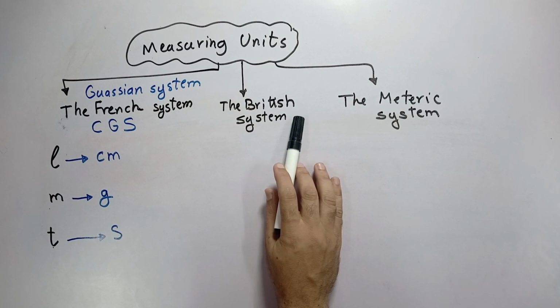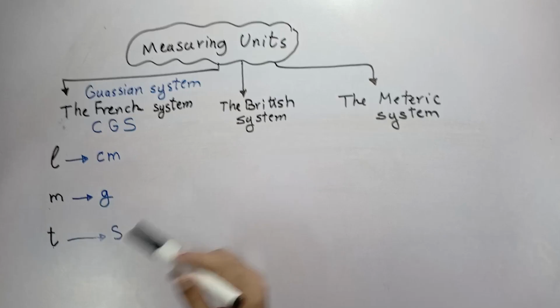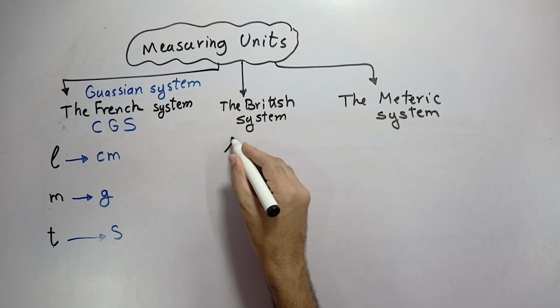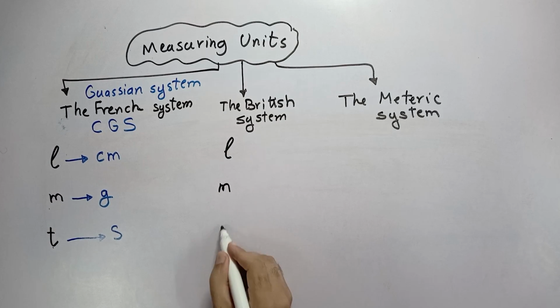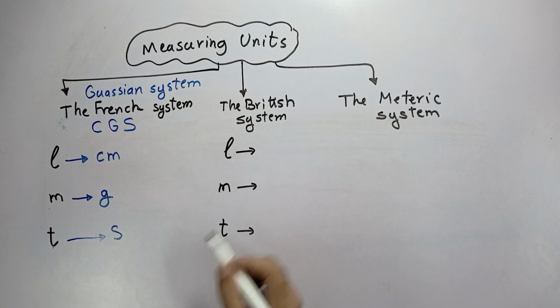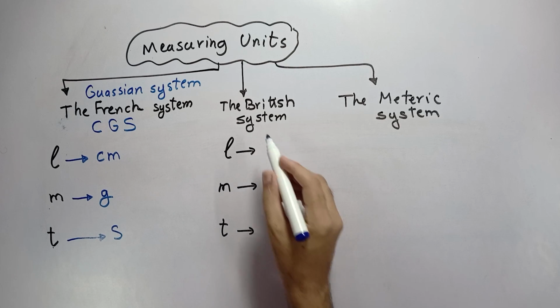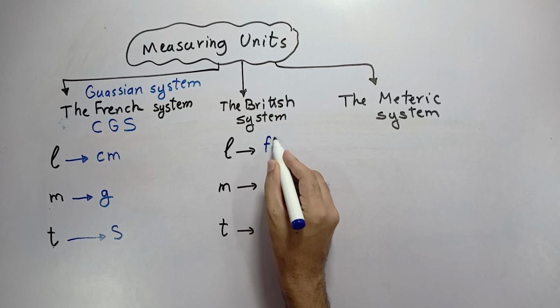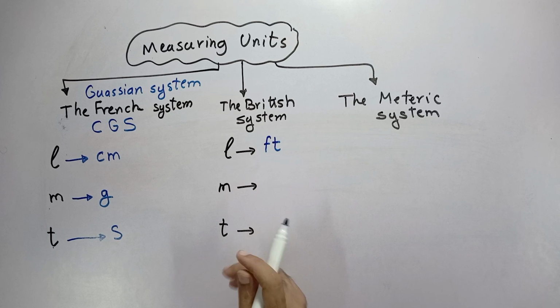What about the British system? The British system used, for length and mass and time, you have to know the meaning of these symbols, foot, ft, or feet, as you like.